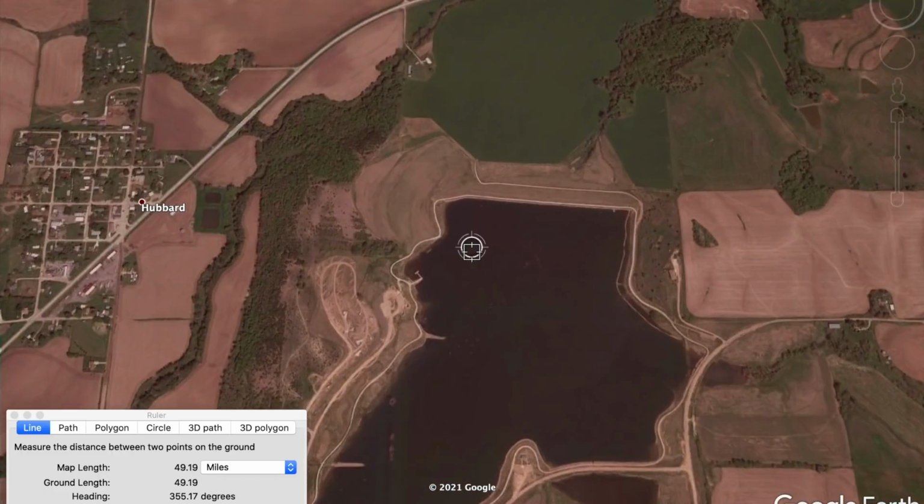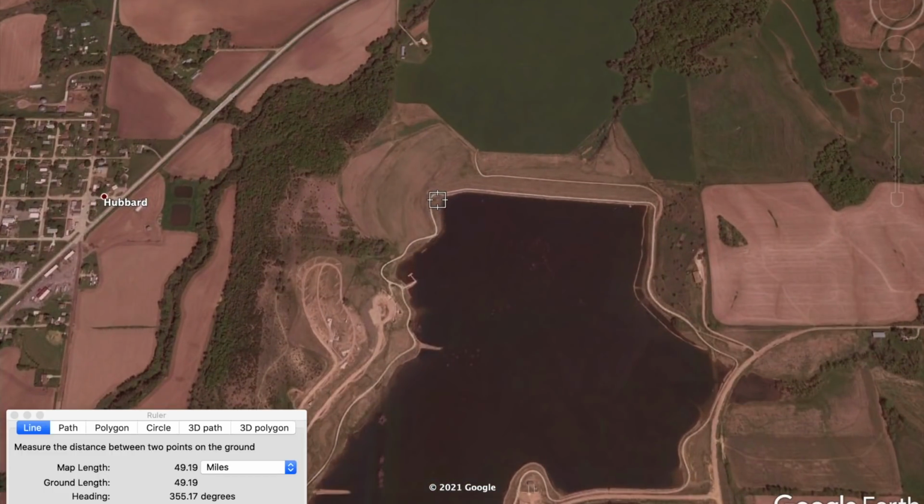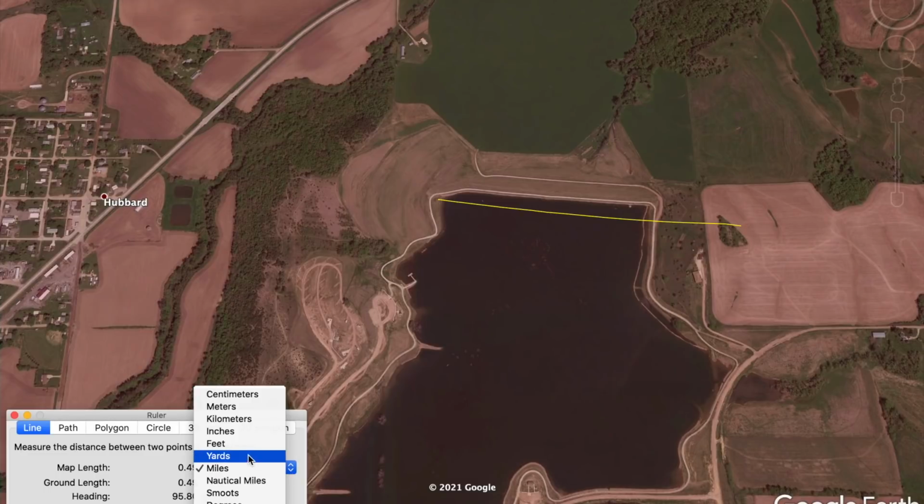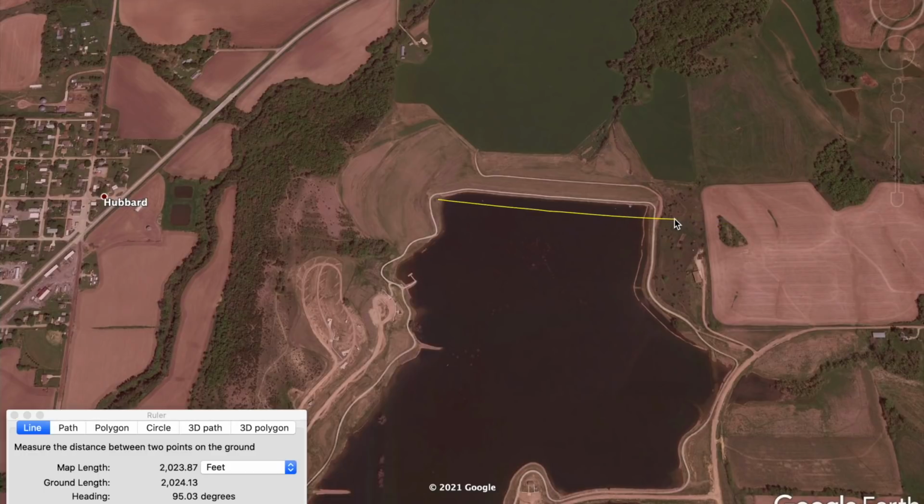So here, what we're going to do is measure the width of this reservoir. And let me set that to feet. I know it's obviously slightly approximate, but it's around 1780, give or take a few, feet there.